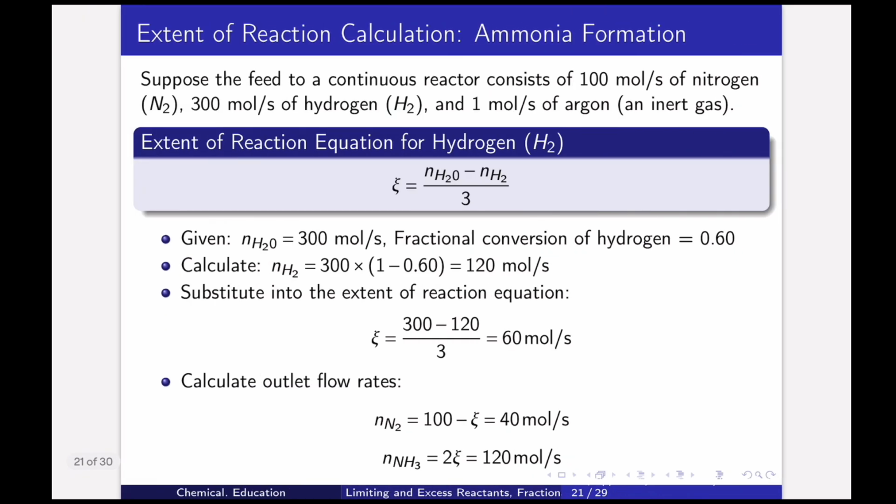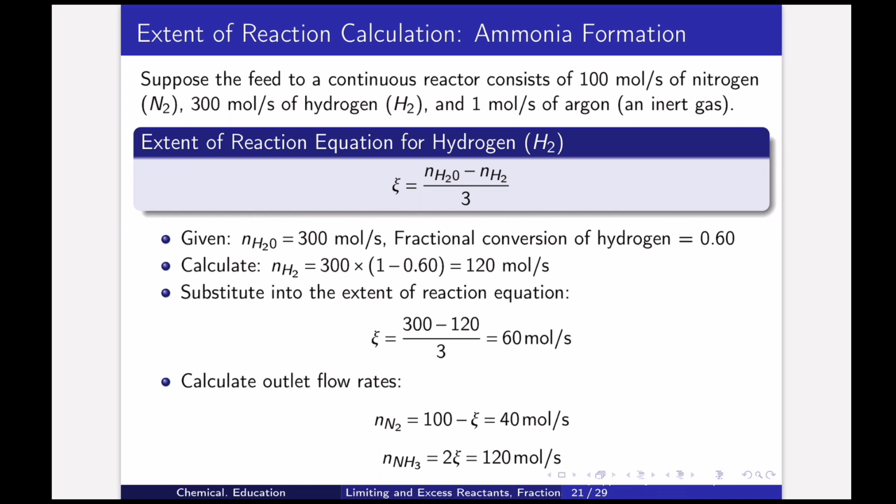Now I am taking one example to calculate the extent of reaction. Suppose the feed to a continuous reactor consists of 100 mole per second of nitrogen, 300 mole per second of hydrogen, and 1 mole of argon. It is the same example we took.